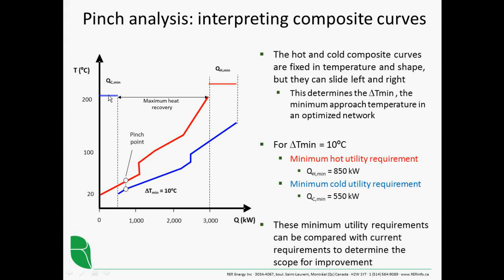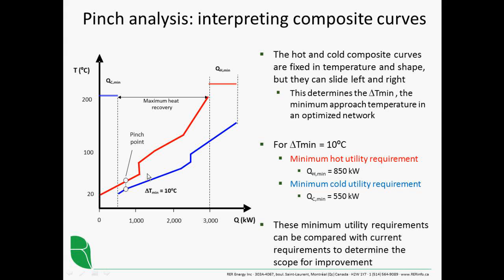And these are, in fact, the minimum utility requirements for hot and cold. If we perfectly align our heat exchangers, we can achieve this maximum heat recovery between these two lines, but the part that does not have overlapped curves has to be met by hot and cold utility. So immediately that tells us our targets. And that's a really powerful thing to know because it tells us how close we are to achieving a good design.